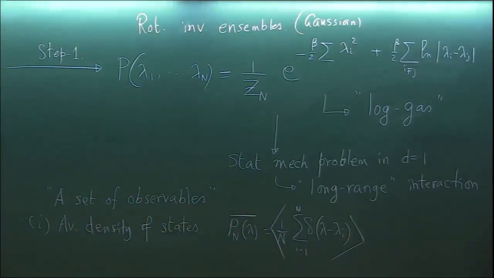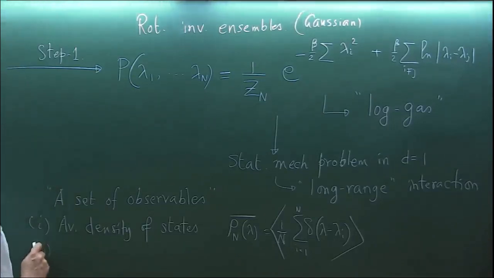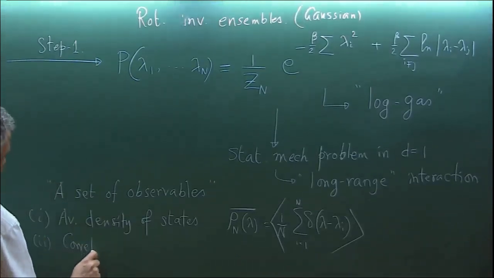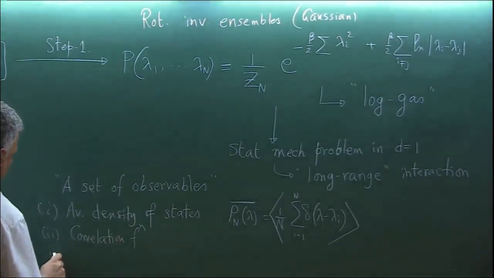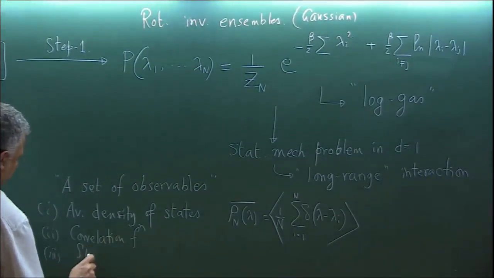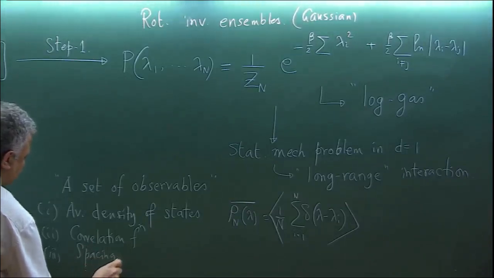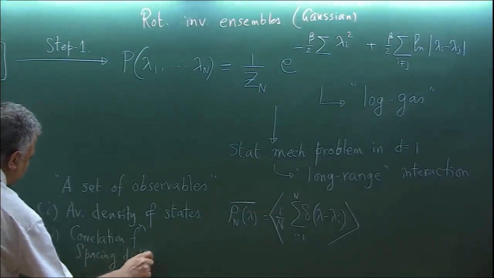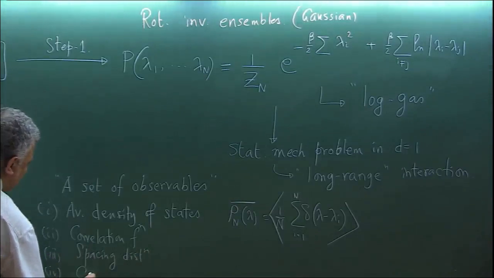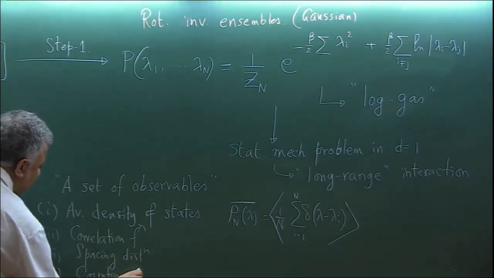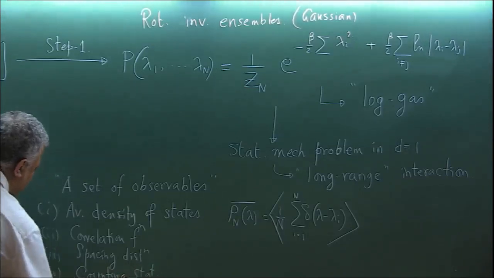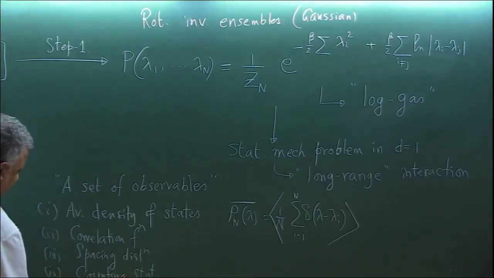And then we looked at other things like the correlation function. We defined, then the spacing distribution, counting statistics, the number of eigenvalues in a given interval, and then lastly, I discussed the largest eigenvalue.